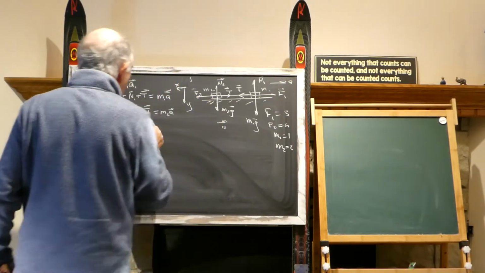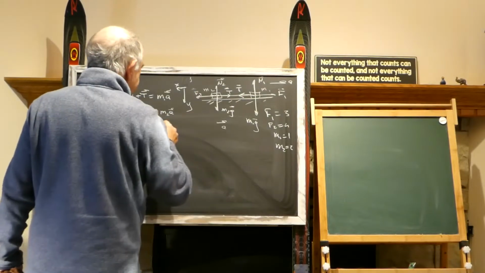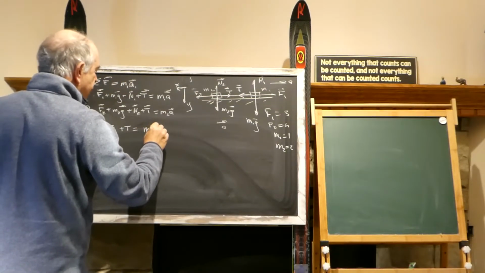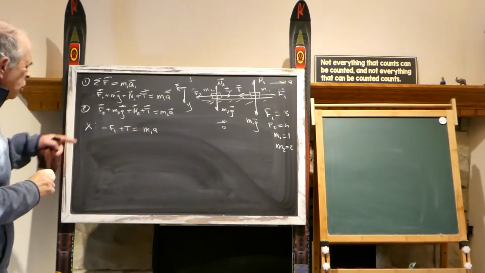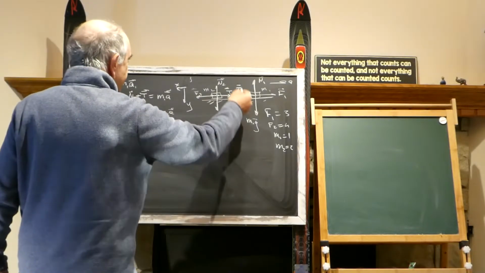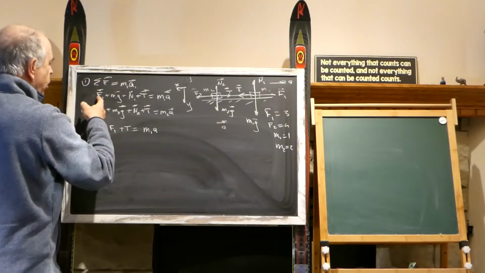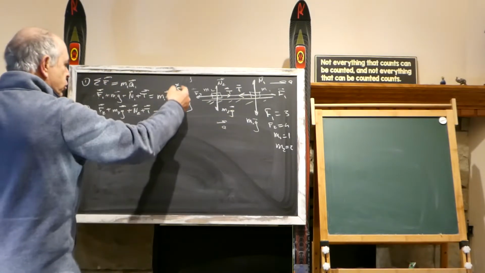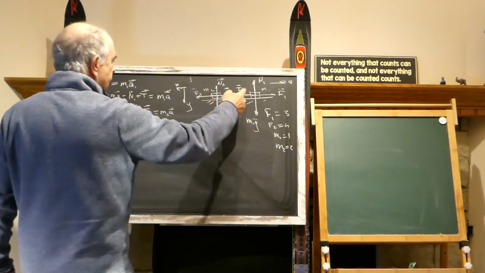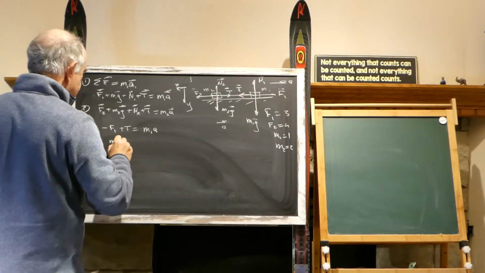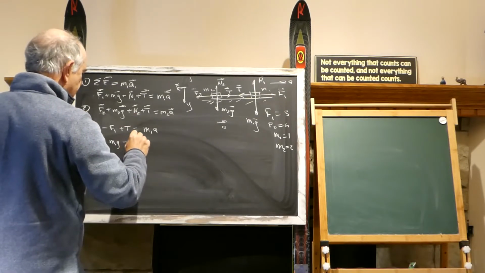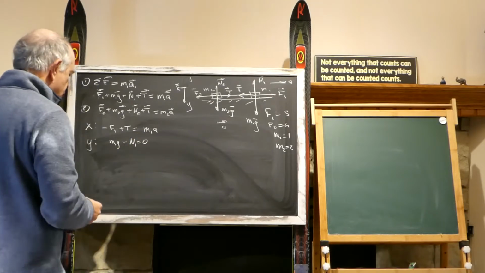A is unknown, so let's put it in the positive direction. It would be M1A. For y, I don't really want to write it because it's obvious it gives me nothing, but let's write it. The projection of F1 is 0, so is the projection of T, so only M1G, which is down, so it's positive, minus N1 equals 0.